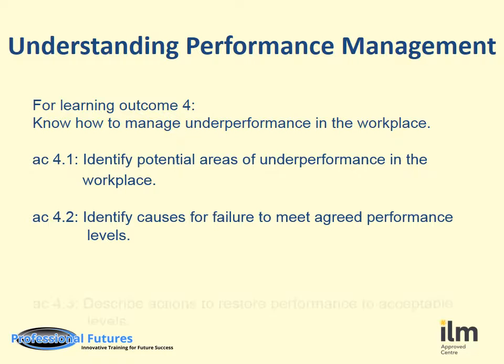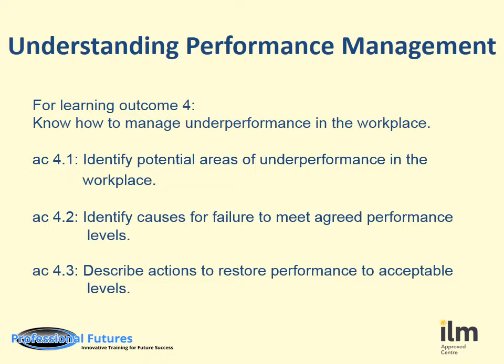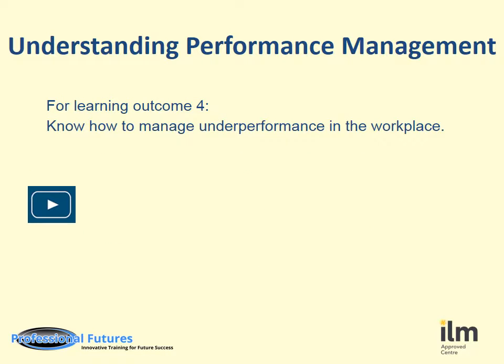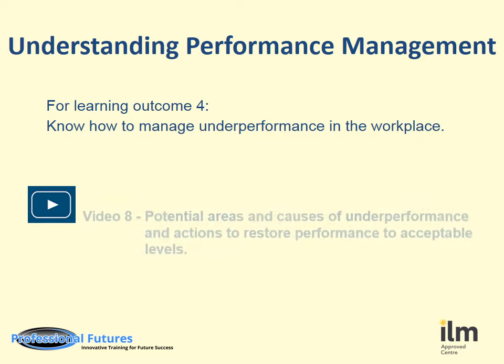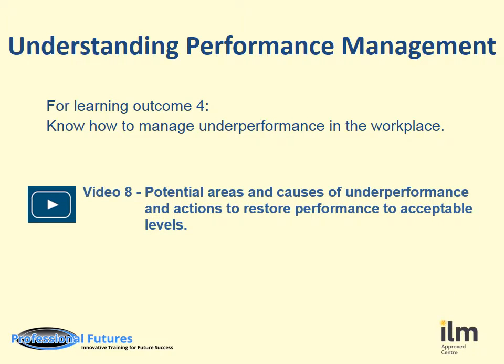And finally, Assessment Criteria 4.3 asks you to describe actions to restore performance to acceptable levels. To support you with Learning Outcome 4, there is one video, and this is Video 8. This video covers potential areas and causes of underperformance and also explains actions that you can take to restore performance to acceptable levels. This is the only video that you will need for Learning Outcome 4.